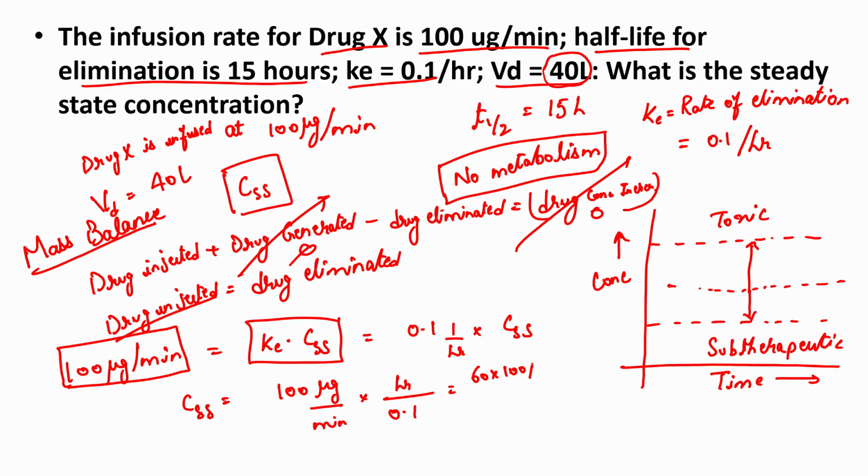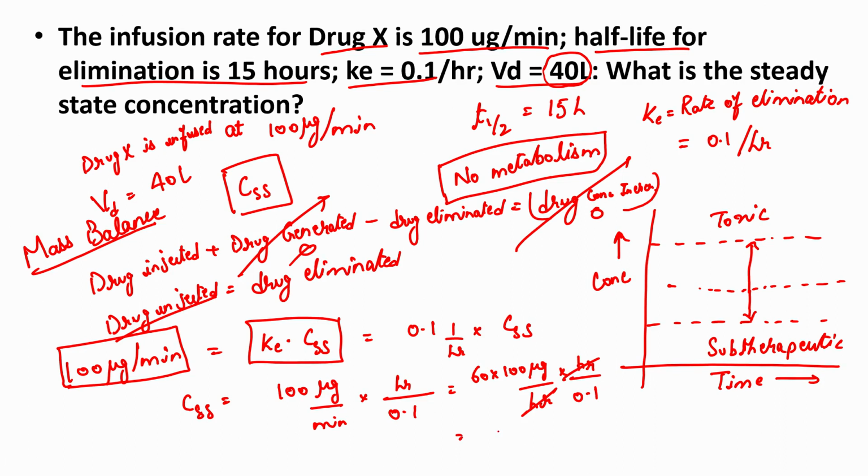So that is now mu g divided by hour. This then gets multiplied by hour divided by 0.1. So the hour can get cancelled.